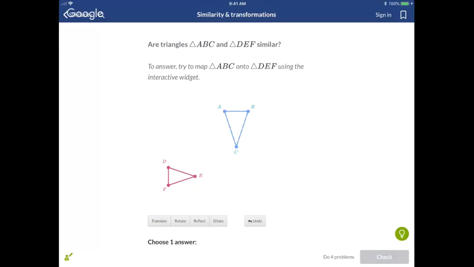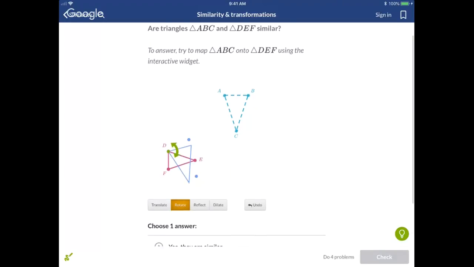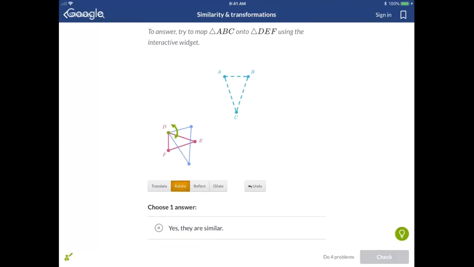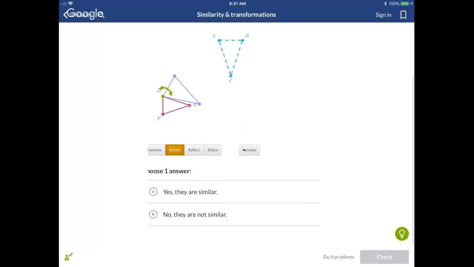So let's see if we can map triangle ABC to triangle DEF using translations, rotations, reflections, and dilations. So I'm going to start by translating point A to point D. Then I'm going to try rotating. This rotation tool has a little bit of trouble to it.